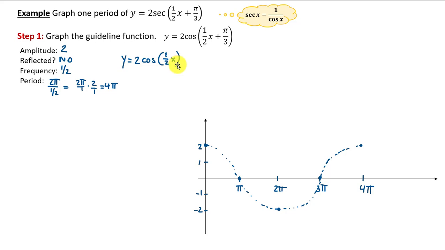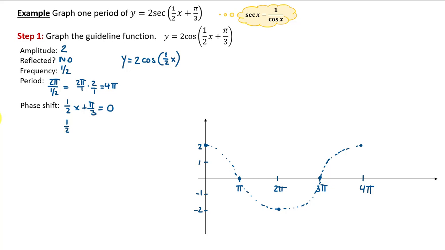Now it has to be shifted to obtain the graph of the guideline function. Let's calculate how far and which direction it has to be shifted. In other words, let's find the phase shift. For that, I'm taking the entire expression inside the parentheses, 1/2 x plus pi over 3, and I set it equal to 0 and solve for x.